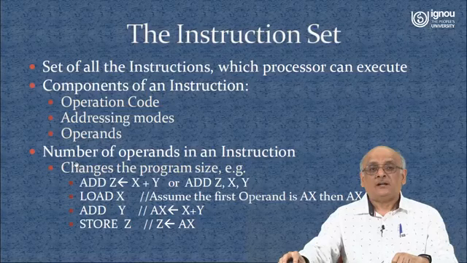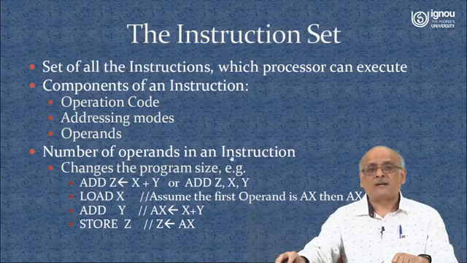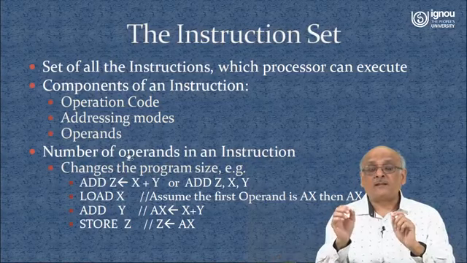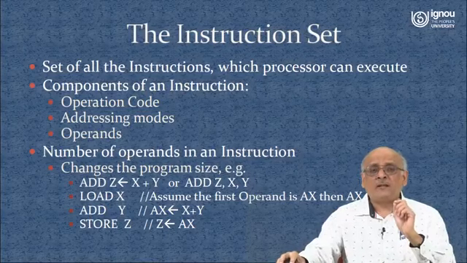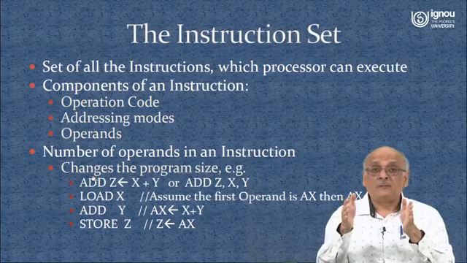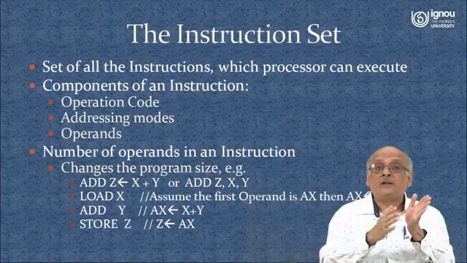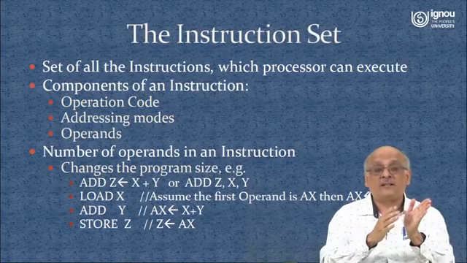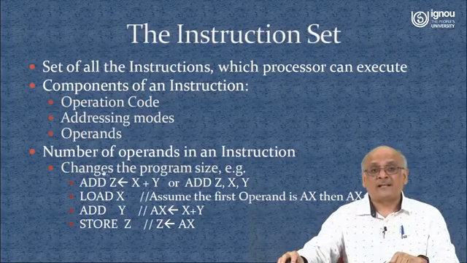All right. Now, a very important statement made in this particular slide is the number of operands in an instruction. The importance of the number of operands in an instruction is very, very high. Why? Because the program size is very much dependent on the number of operands within an instruction. I have shown you an example.